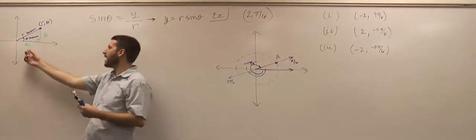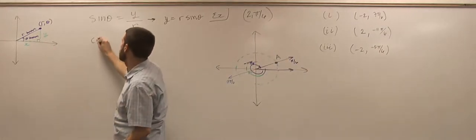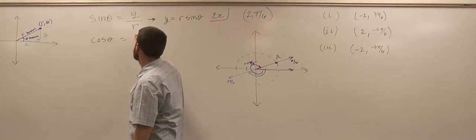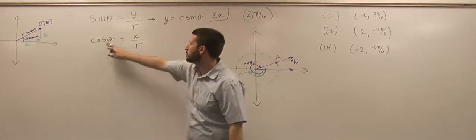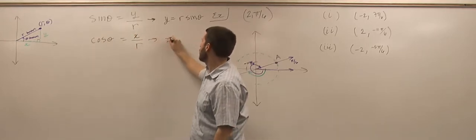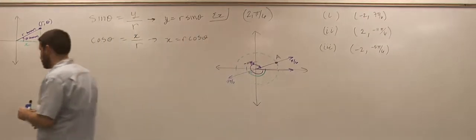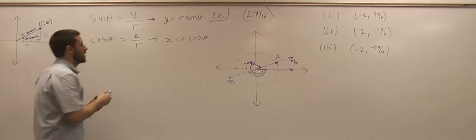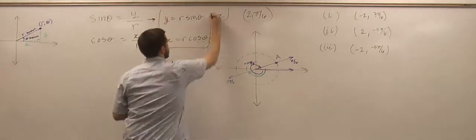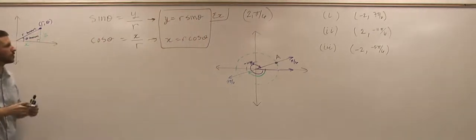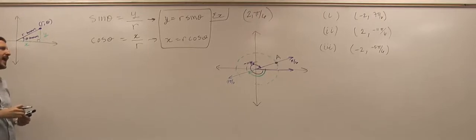To go back and get your x, you set up a cosine argument. Cos theta equals x over r. So if you multiply up the r, x equals r cos theta. So these are important: to get back to y and x, y is r sine theta, x is r cos theta.